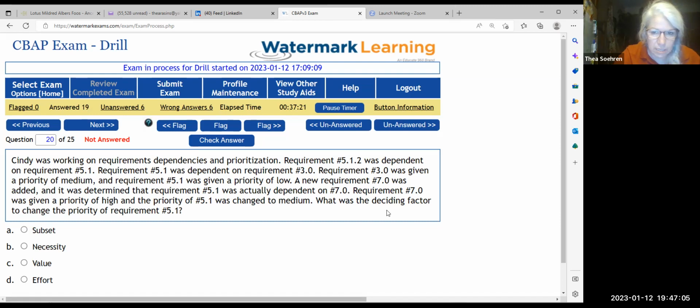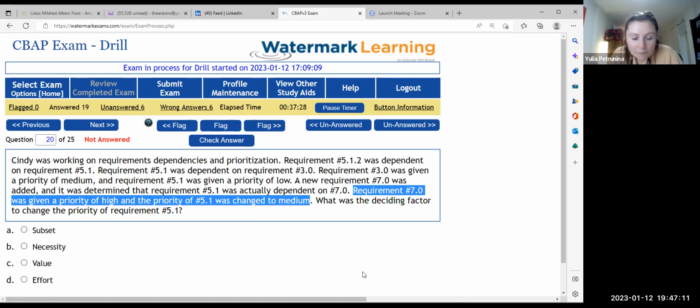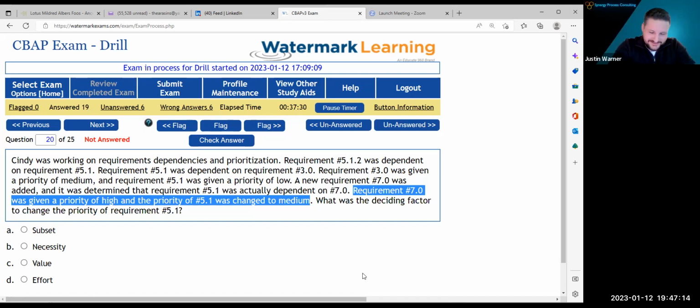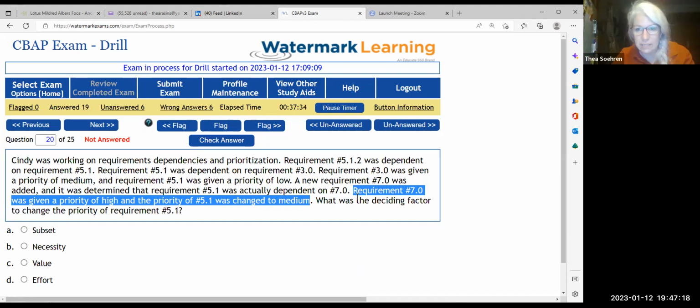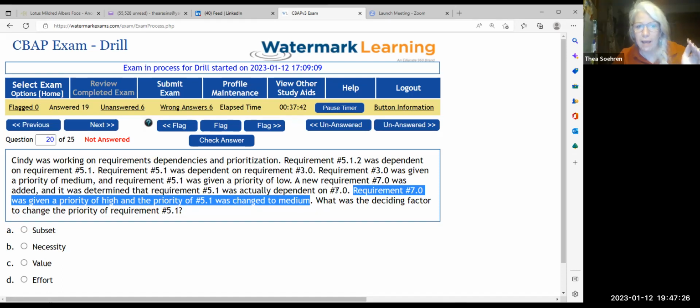So it's just this last part right here. Can you go through that again, please? I think it's effort. I need to write it out. This is the only sentence that matters. Requirement 7.0 was given priority of high, and priority of 5.1 was changed from low to medium.